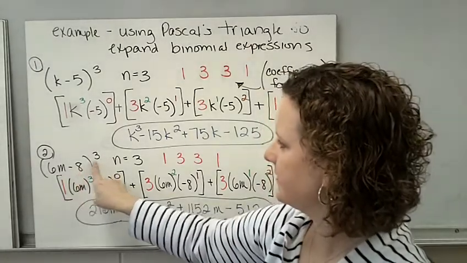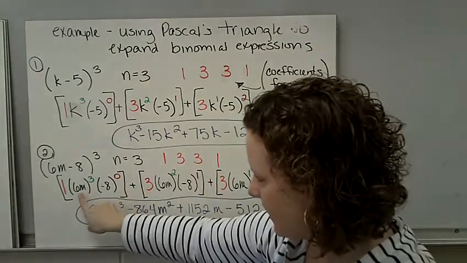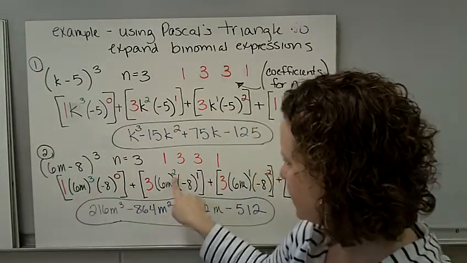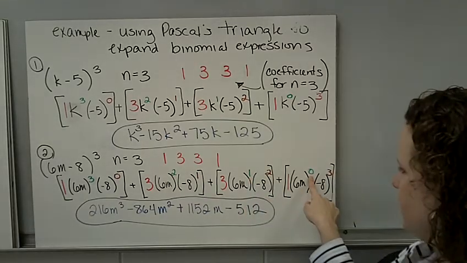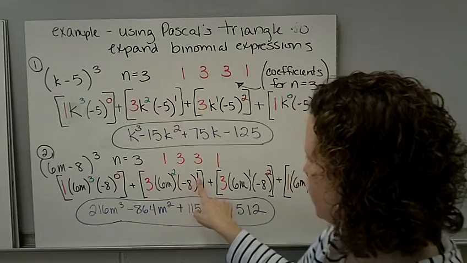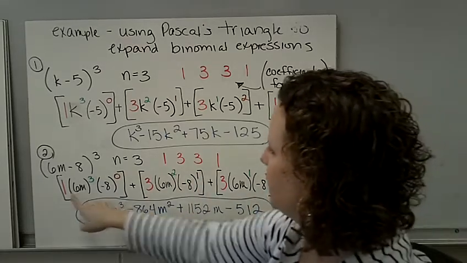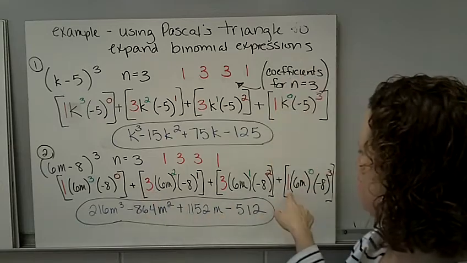A, B, n is 3. Those are your coefficients. Same thing here, A to the 3rd power, to the 2nd power, to the 1st power, to the 0 power. B to the 0 power, to the 1st power, to the 2nd power, to the 3rd power. Coefficients 1, 3, 3, and 1.